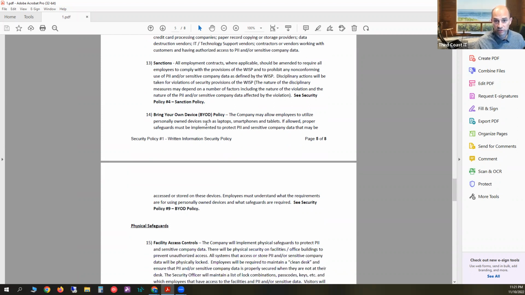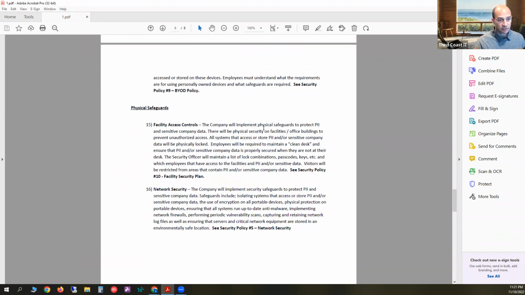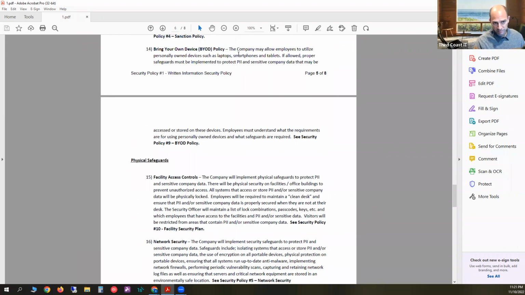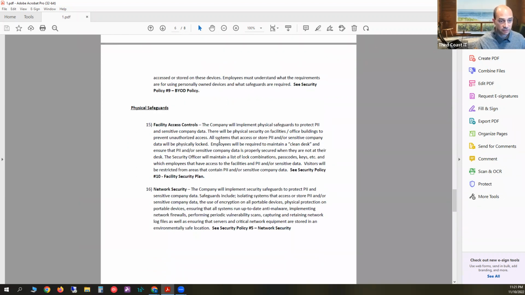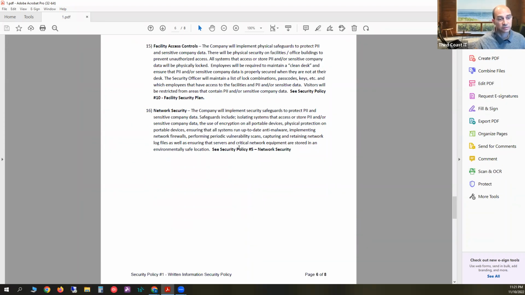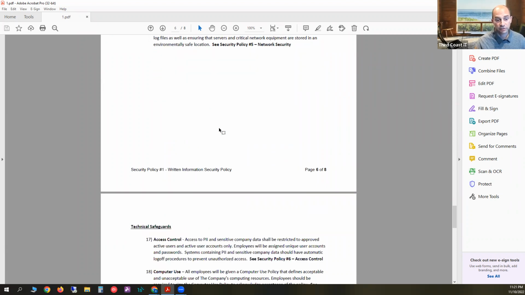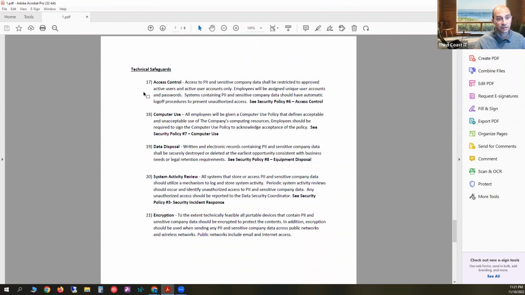We do have some bring your own device, and those are good rules for people to look at as they're coming through using their devices from home. We have our physical safeguards, which is the locks on the doors and the windows. We have our network security, which is a lot of the things that the IT vendor takes care of.